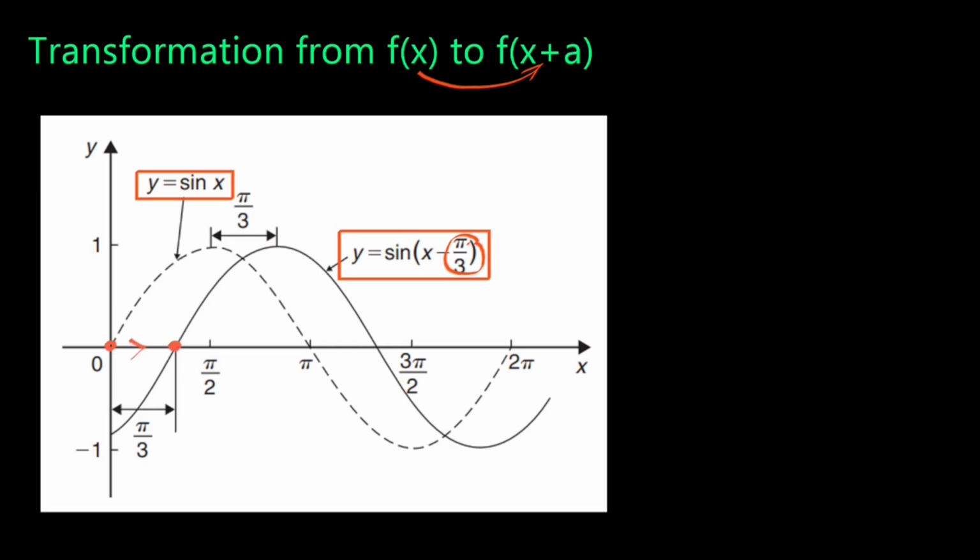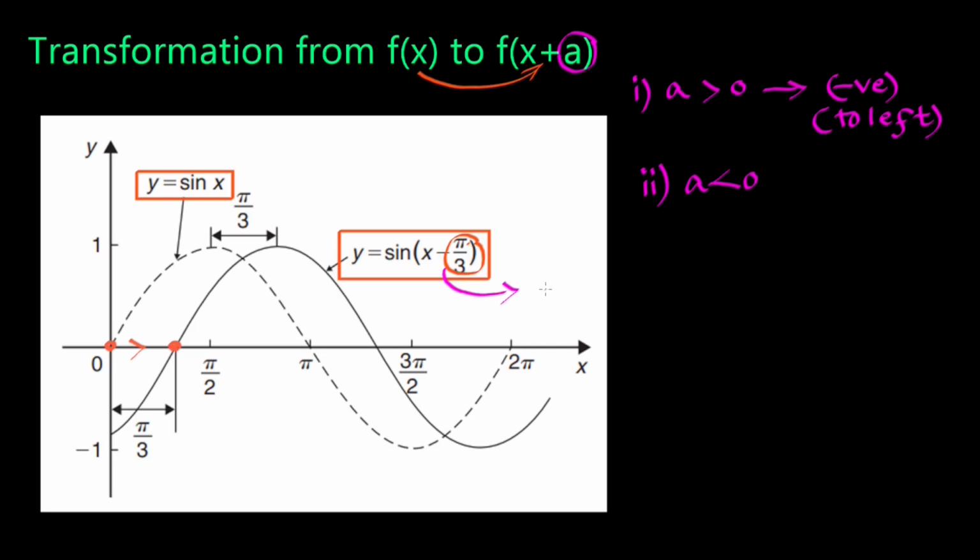The rule states that when this a is positive, this shifting along the x-axis is in the negative direction, that is to the left, and when a is negative, as in this case minus pi by 3, this shifting is in the positive direction along the x-axis, that is to the right.